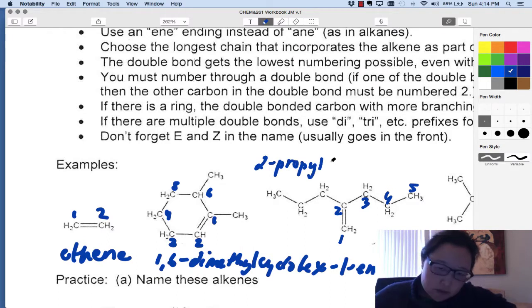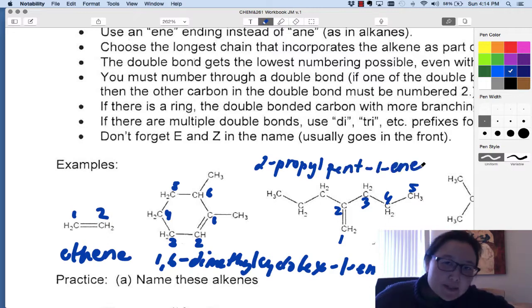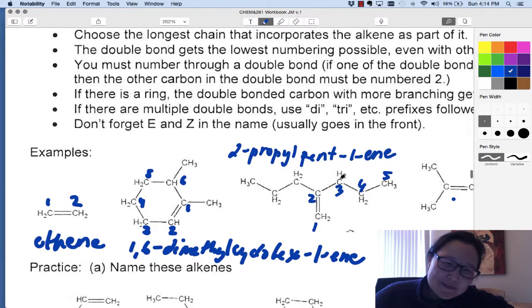And then here I can choose to say 1-pentene or pent-1-ene. Either one is fine. Now normally it's assumed to be 1 if we drop it. So I could just say 2-propylpentene, and that should be fine, but sometimes it's nice just to throw it in there just in case. So either one is fine.